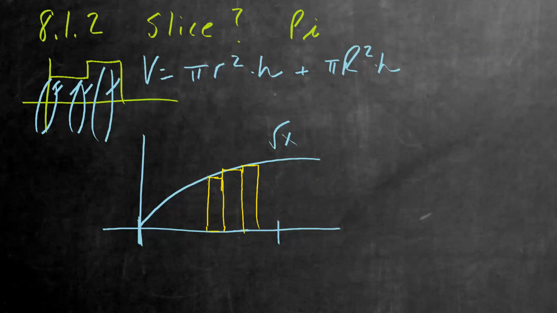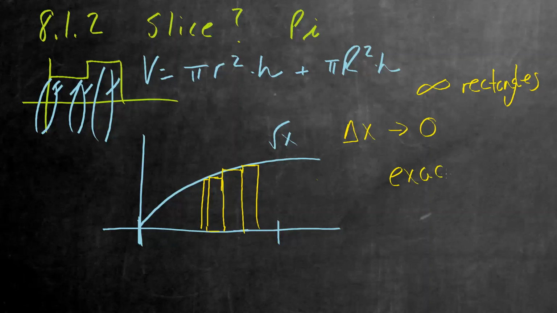Our rectangles get smaller and smaller until their width goes to 0. And then we can add up infinitely many of them. Infinitely many rectangles in pre-calculus gave us the exact area under the curve.